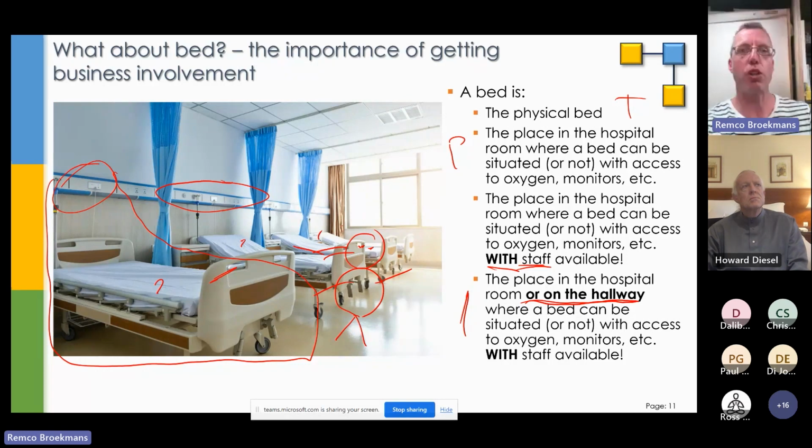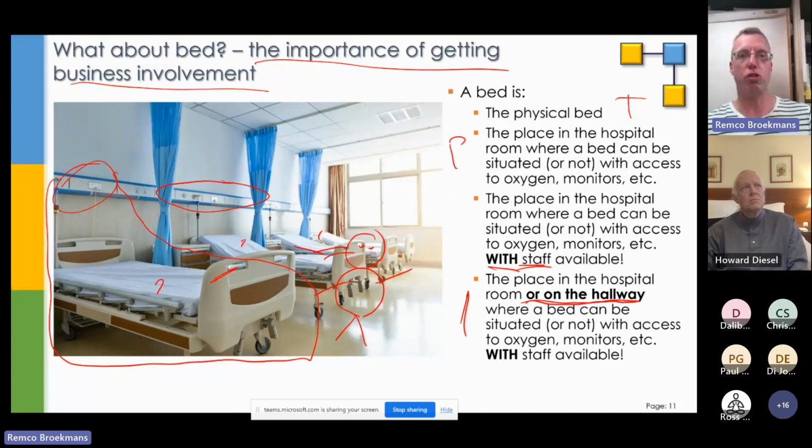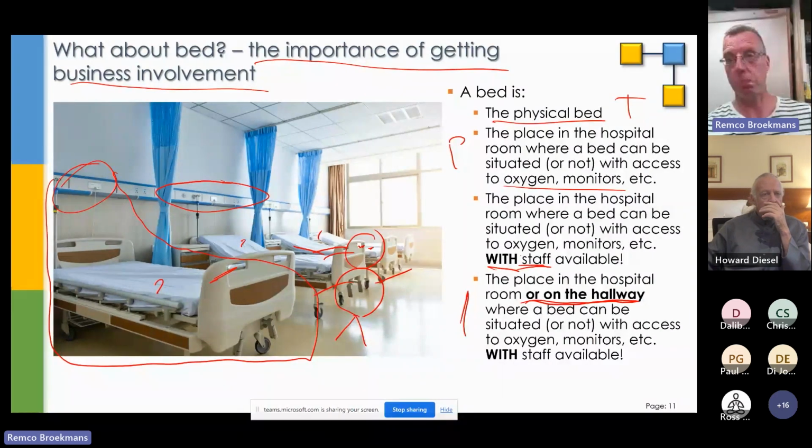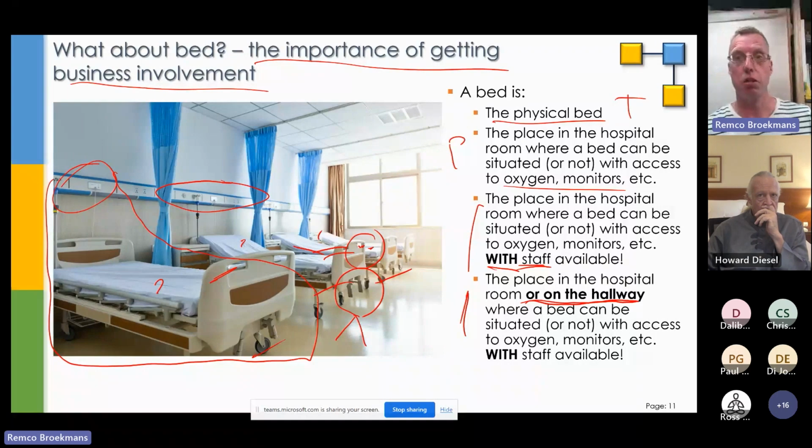This is also why we should have business involvement to tell us what is going on, what's the process. It doesn't just help us to say, you know what, we are just going to model a place or a thing, and then we can add roles and types to it, and then we can model everything, regardless of whether it's the physical place, or if there's a staff member, yes or no. We should know it.